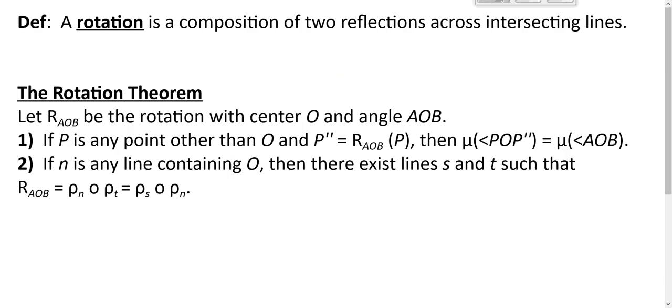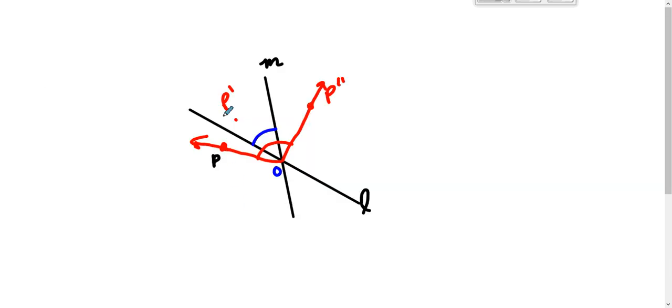That's how this goes. If P is any point other than O, then the measure of angle P O P double prime is the angle of rotation. It does not matter which point we pick in the plane, and then we go over L and over M. We get the angle of rotation every time.